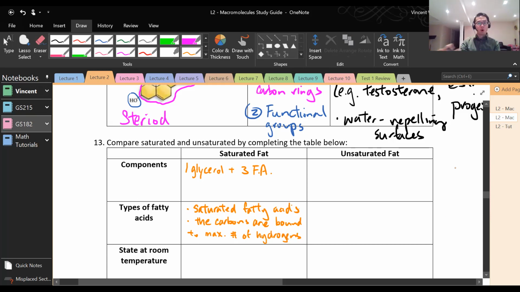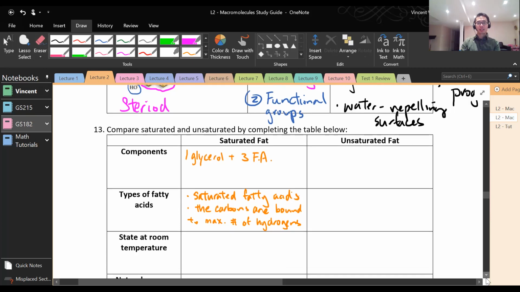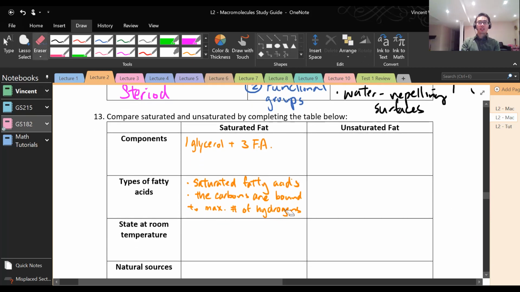Okay, you cannot fit any more hydrogens onto it. It's maxed out with the number of hydrogens. And as a result, they are usually straight in structure, no kinks, no double bond.